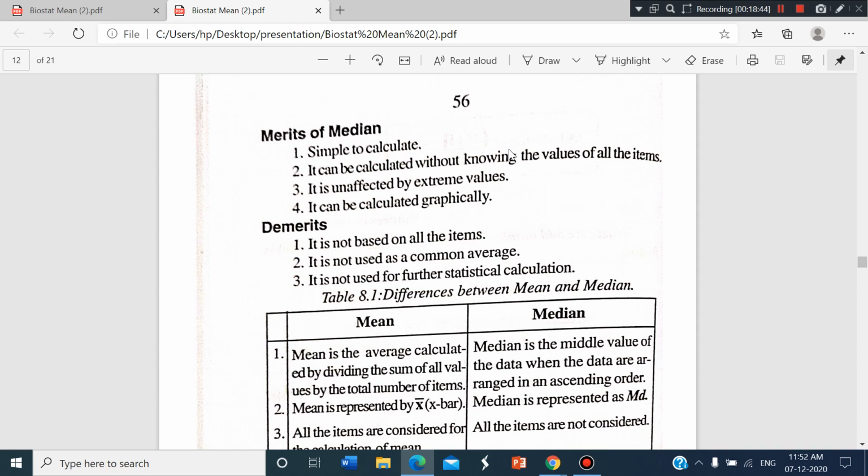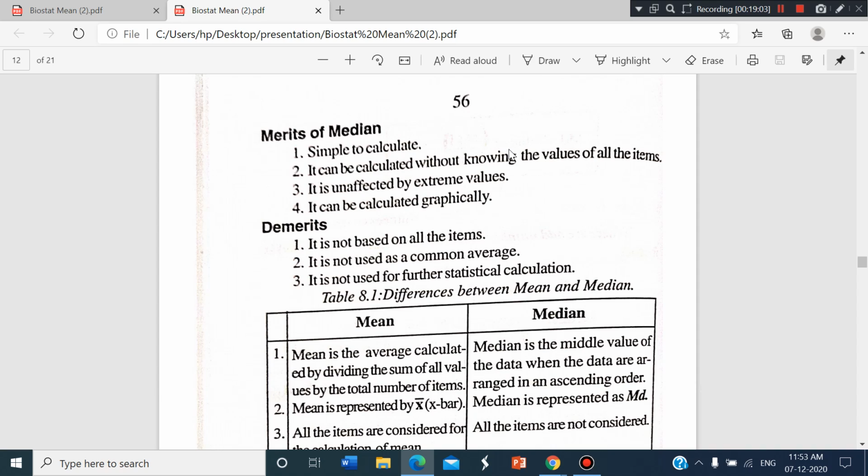This is a very interesting thing. It is unaffected by extreme values, too high or too small, and it can even be calculated graphically.